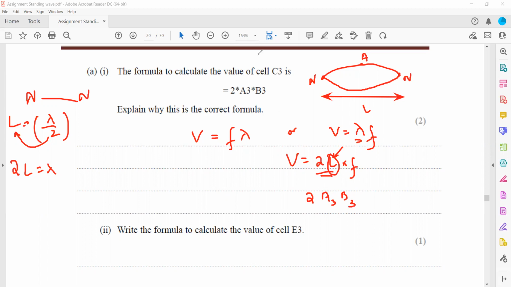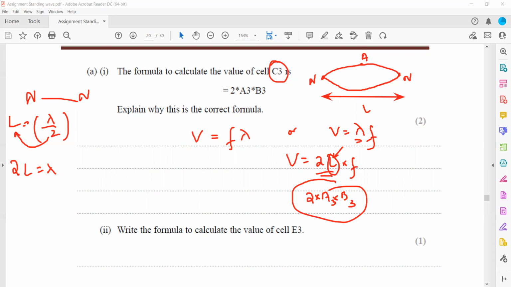So the formula to calculate cell C3 is equals 2 multiplied by A3 multiplied by B3. In your answer you will mention that the total length of a string is equal to half of the wavelength, so wavelength is equal to 2L. That's why this formula is used to calculate the speed of this wave.